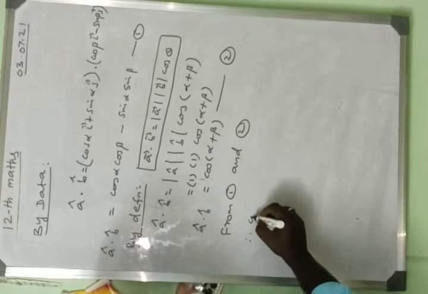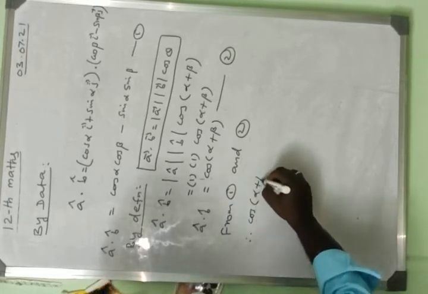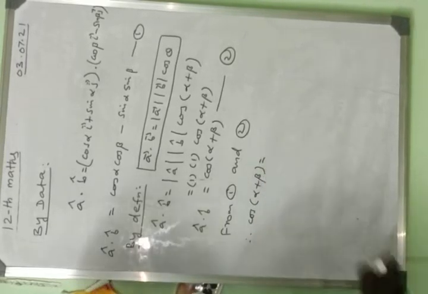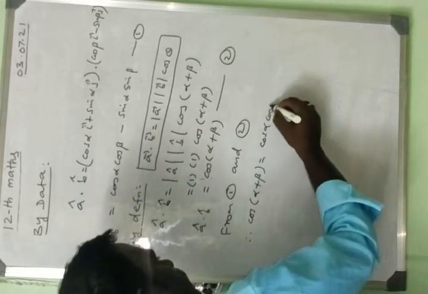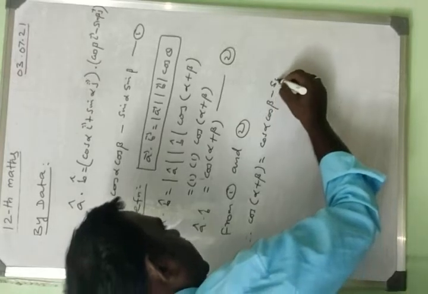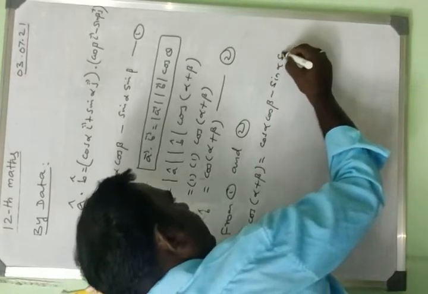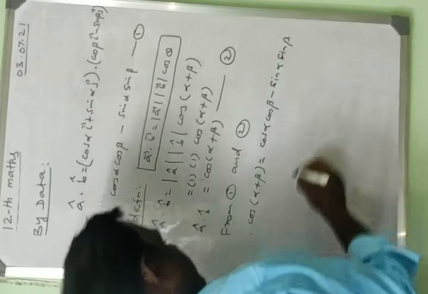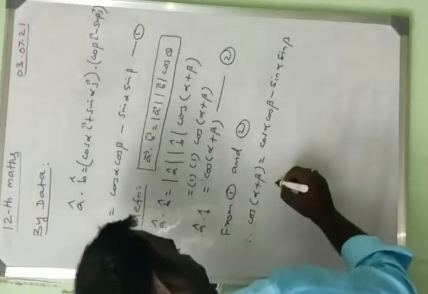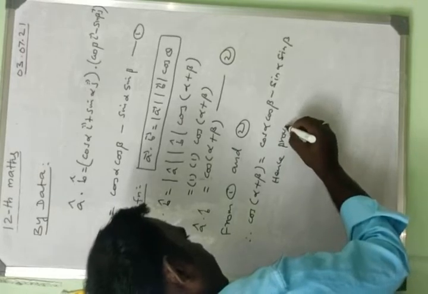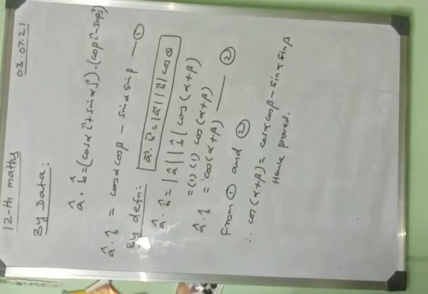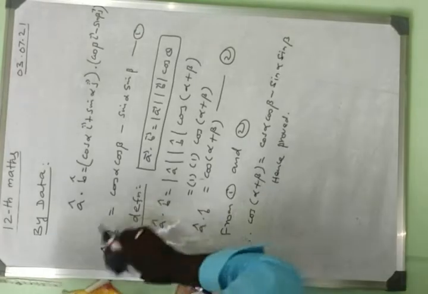Therefore cos alpha plus beta is equal to cos alpha cos beta minus sin alpha sin beta. That's all. Very, very important. Hence proved. Very important sums.